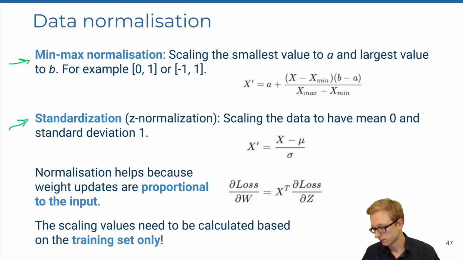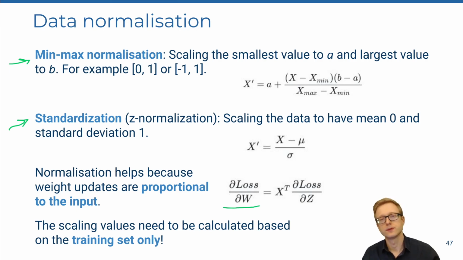These are the equations you can use to normalize your data. Normalization helps because the weight updates are proportional to the input, as you can see in the equation here for the partial derivative with respect to a weight matrix. So we will be taking different sized steps in different dimensions because of this.